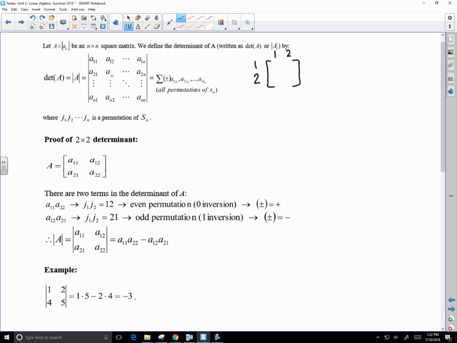All right, so it's going to essentially end up taking the same form, but you'll see the structure of it a little bit more. So you have row 1, column 1, row 2, column 2.